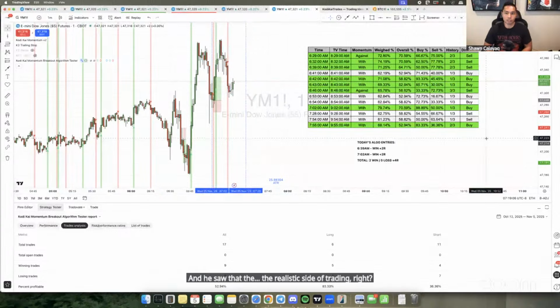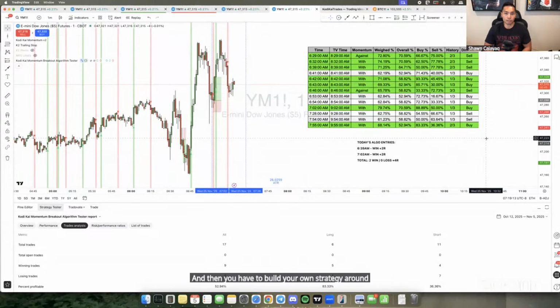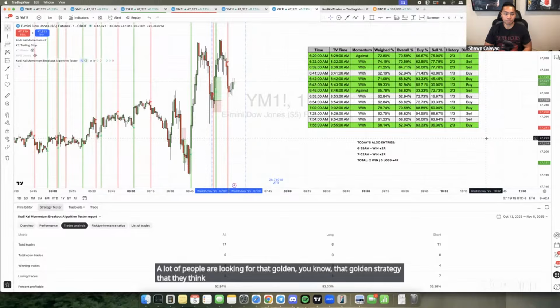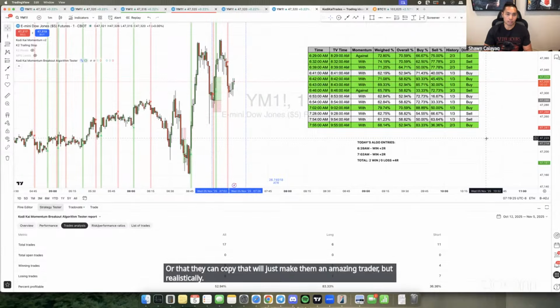There's no one strategy that's going to work for you. You've got to figure out what strategy you like, and then you have to build your own strategy around that style of trading. A lot of people are looking for that golden strategy that they can copy that will just make them an amazing trader. But realistically, it's not going to work for everybody, right?